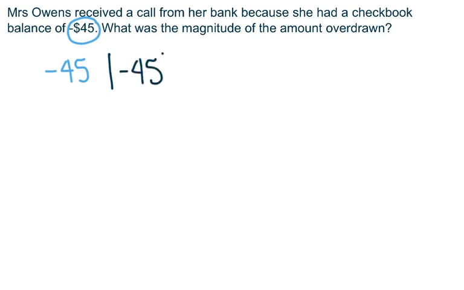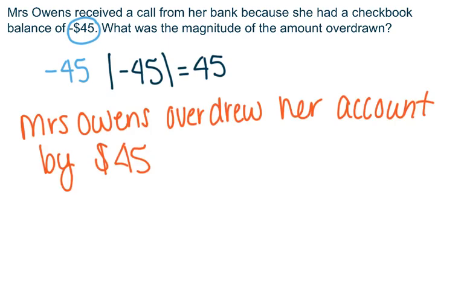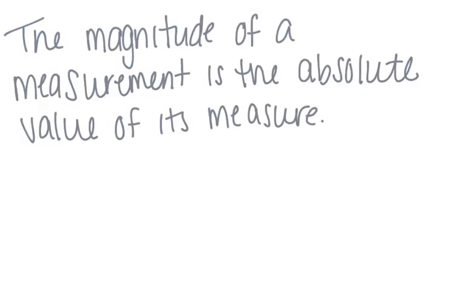The absolute value of negative 45 is going to equal 45 because the negative number will turn positive. So Miss Owens overdrew her account by $45. The magnitude of a measurement is the absolute value of its measure.